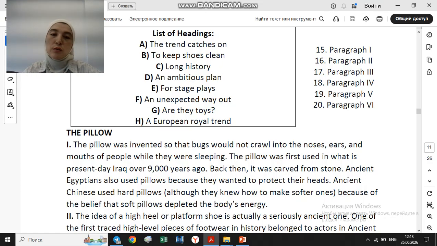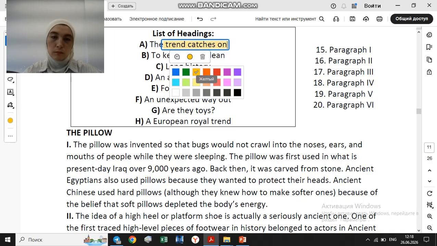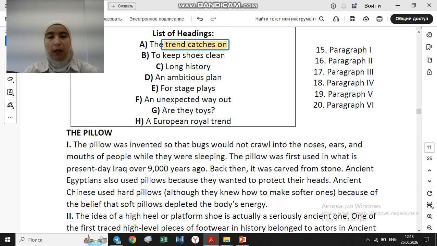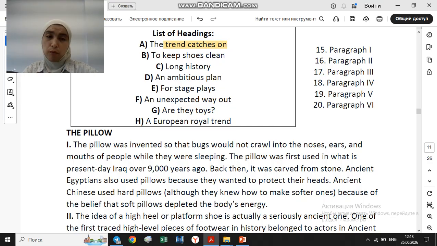So, list of headings. The first one, the trend catches on. So we need the words trend and catches on. You have to make them visible, because whenever you read the paragraph, you pay attention to the list each time after you have read the paragraph, and you should pay attention to the keywords that we have already underlined.